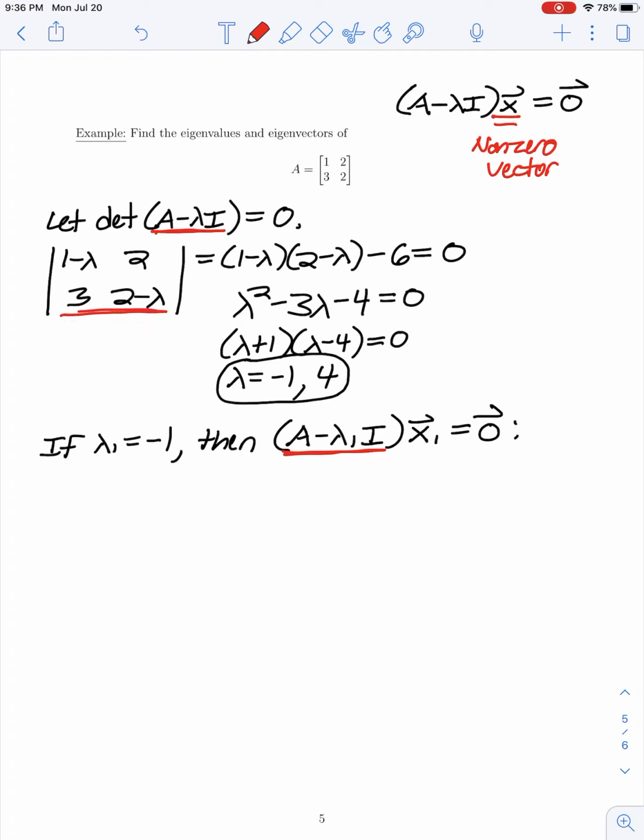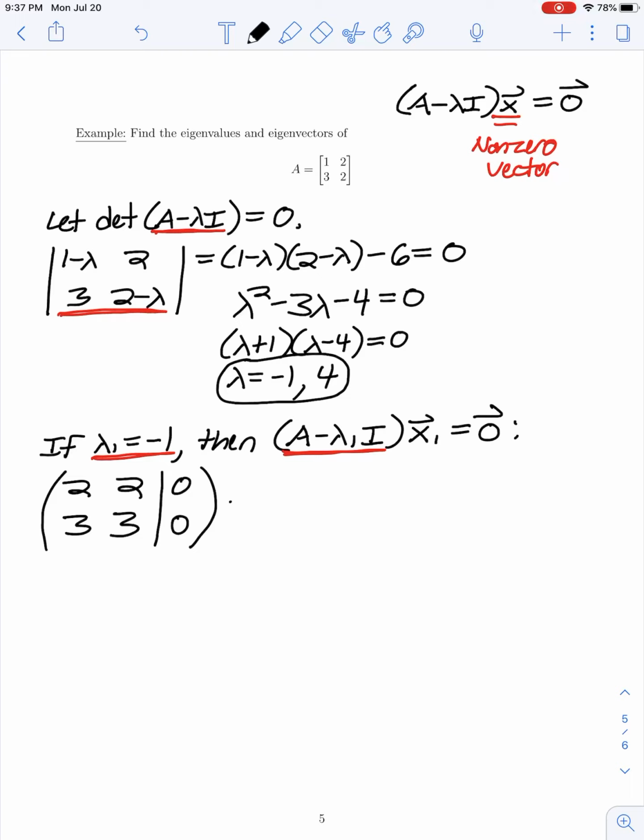A minus lambda I is this matrix here; we're just taking the specific value lambda equals negative 1. So that matrix has a first row of 2, 2, and the second row is 3, 3. The rows and columns are linearly dependent, which means there is a non-trivial solution. There is some non-zero vector which will solve this homogeneous system.